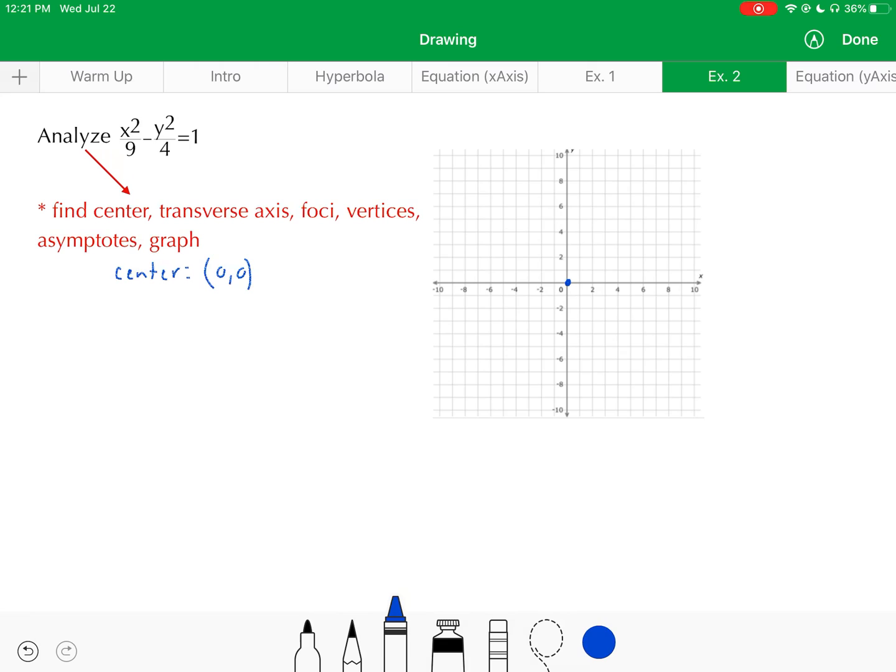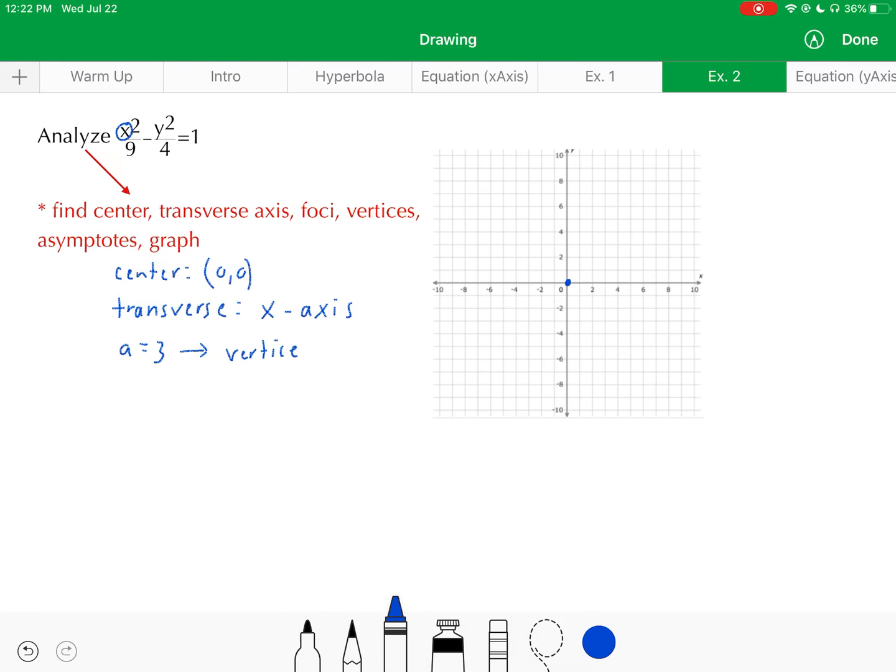I can tell you the transverse axis is the x-axis. Okay. That's because x is in the first fraction there. All right. My a value is 3, which leads me to my vertices.